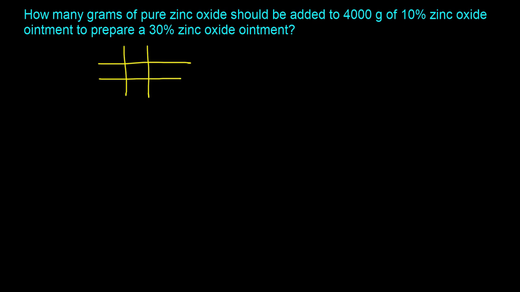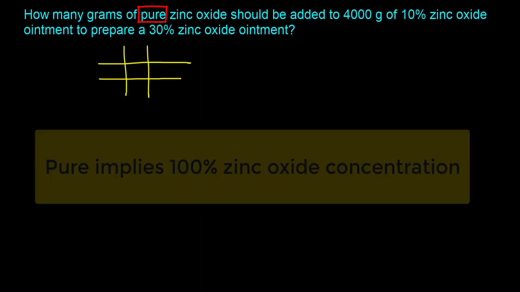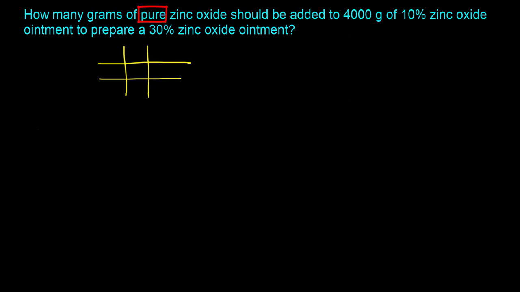And so the clue in the question is the word pure. And so because it's pure, it means it's 100% zinc oxide. And so we can proceed by putting the 100% in the top left corner of the grid, because the 100 is going to be your higher concentration, and it represents the pure zinc oxide that you're going to mix with the 10%.